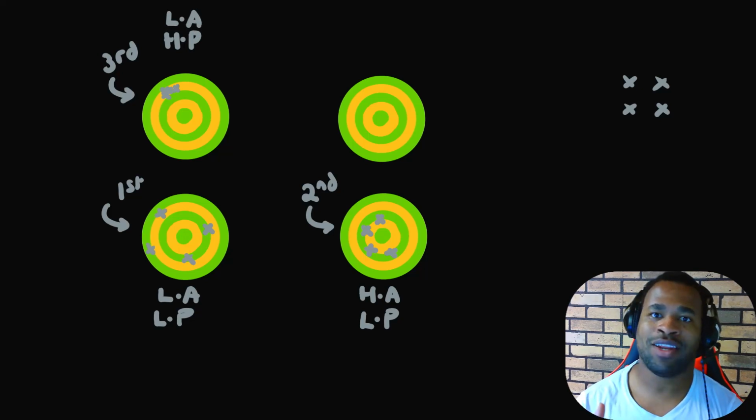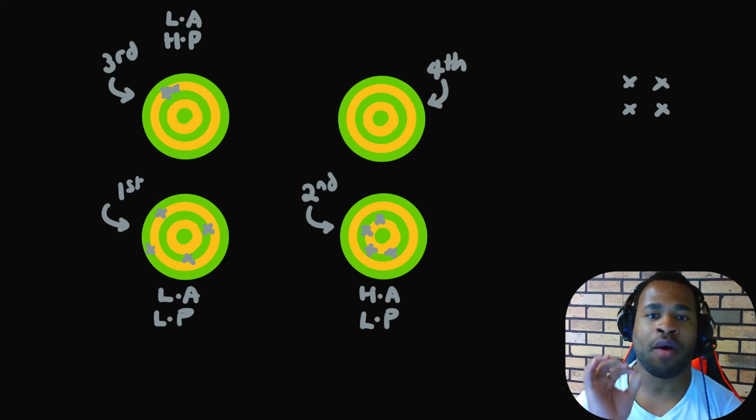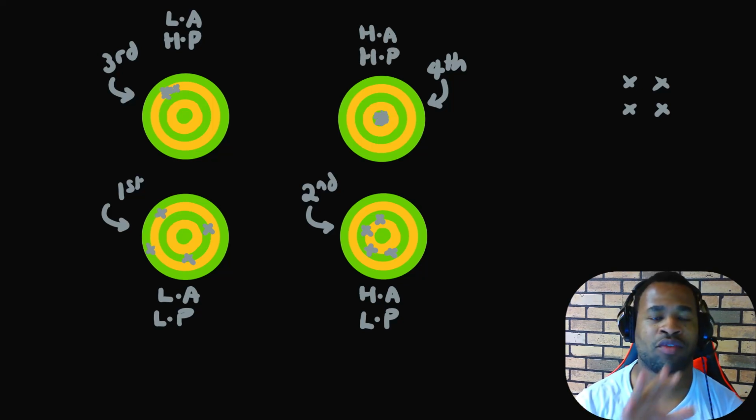And finally, here is our sweet spot goal, where all four arrows are hitting the center, and this shows a really high accuracy and a high precision. This is one illustration that you are going to find on the internet regarding the relationship between accuracy and precision.